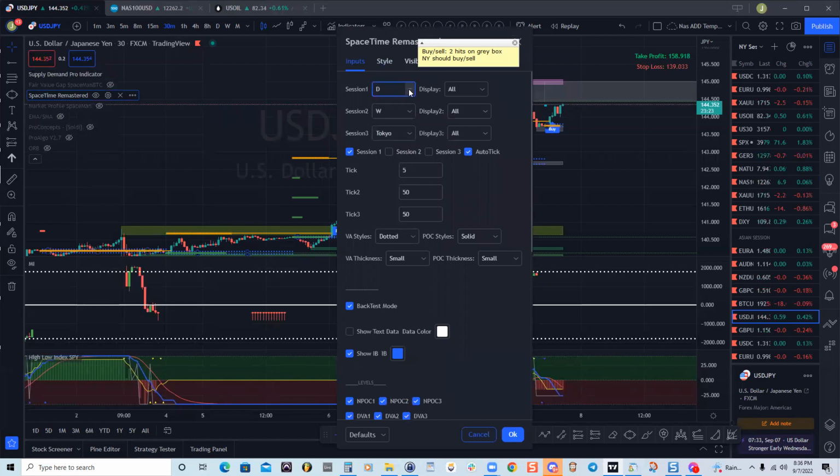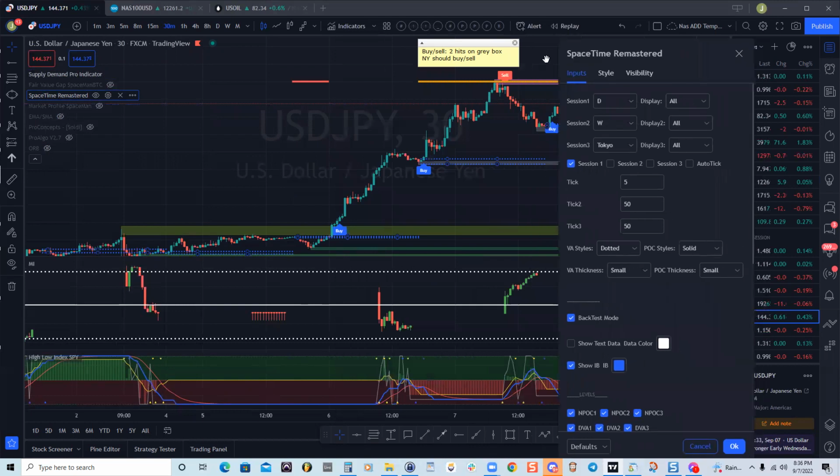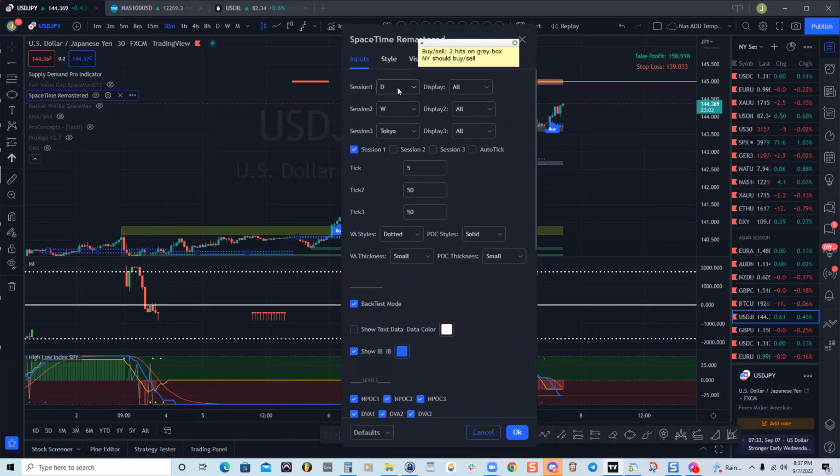But you have to play with this to see, because you want the mountains. If auto tick is on, that doesn't work. But you see how far apart the lines are? You want them to be close together.